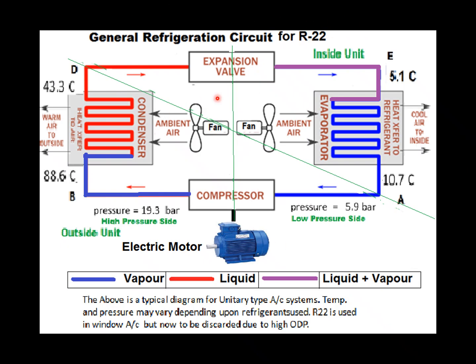All these figures may be different if the refrigerant is different. After the temperature has been reduced by the condenser through circulating cold water from the cooling tower, the gas goes to the expansion valve where the pressure is reduced from 19.3 bar to 5.9 bar.